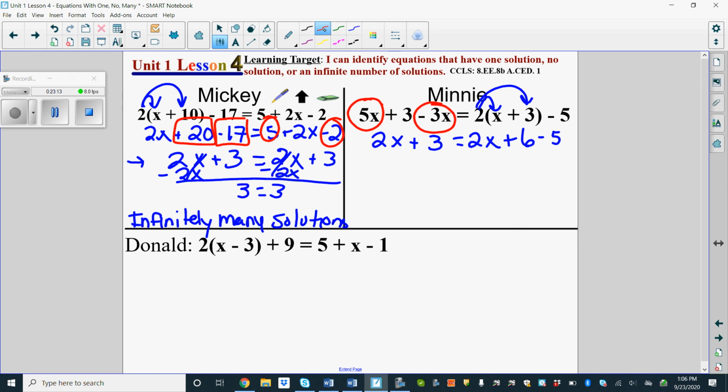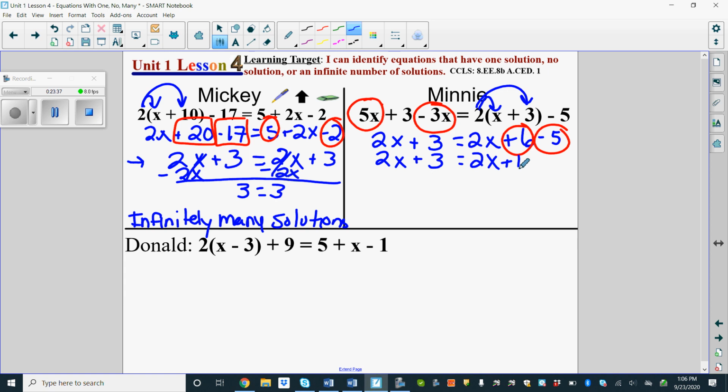Now, I have nothing else I need to do on the left side, so I'm just going to bring down the 2x plus 3. But I can't stop and look at an equation yet until I have 2 terms on both sides. So I have 3 terms on the other side. So I need to combine something, which is the 6 and then negative 5. So when I combine those, I bring down my 2x and I'm left with 2x plus 1.